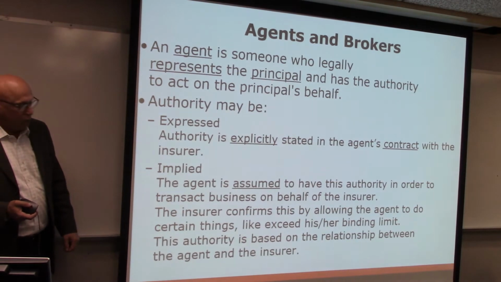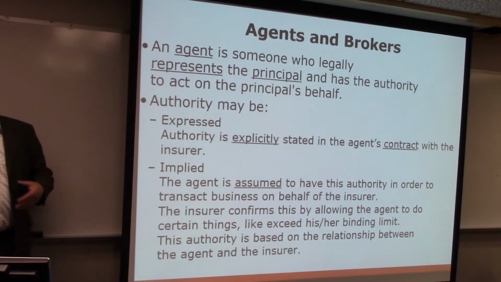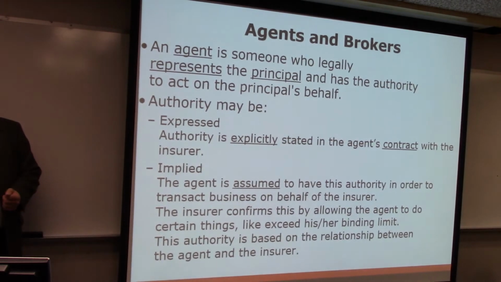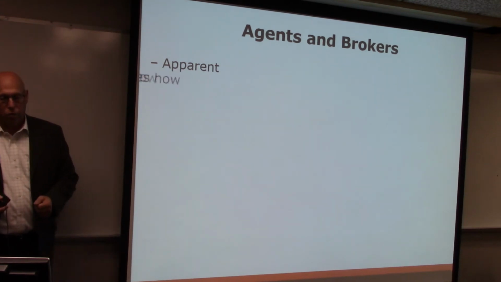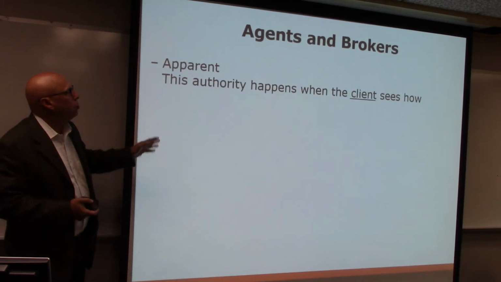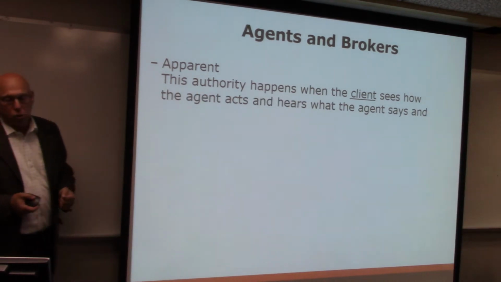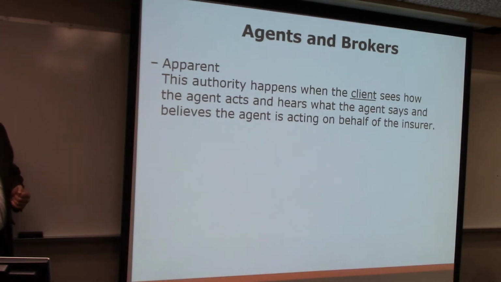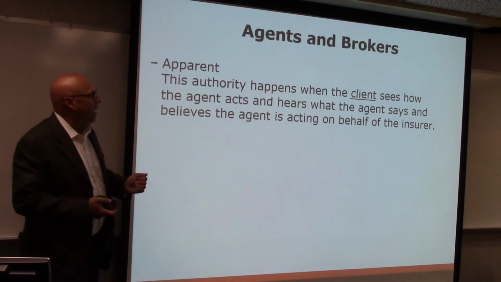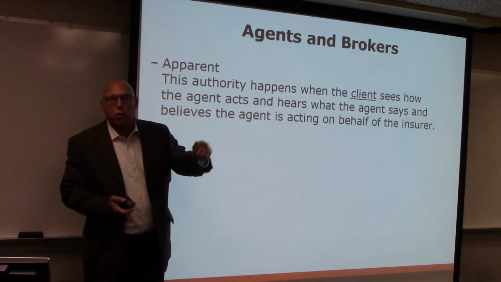All right. So again, implied has to do with actions between the agent and the company. All right. And then lastly, we have apparent. So we have expressed, implied, and apparent authority. This authority happens when the client sees how the agent acts, hears what the agent says, and believes the agent is acting on behalf of the insurer. So implied has to do with the relationship between the agent and the insurance company.